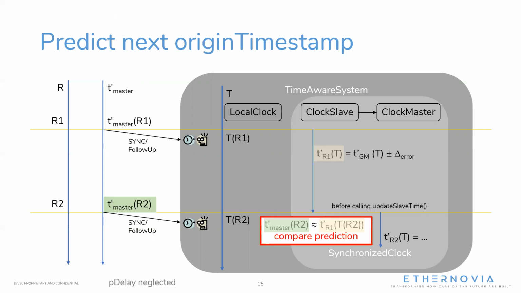What we need to do is associate each timestamp that we take in local time on this sync event message with a timestamp of our synchronized time. And we need to do it before we actually use the new information in the follow-up message to update our synchronized clock.